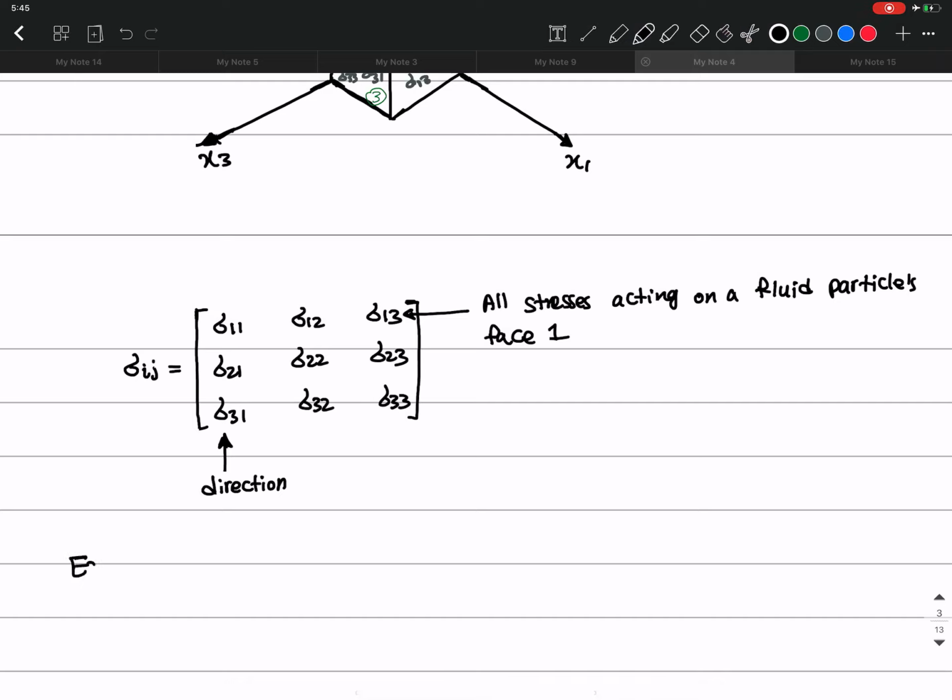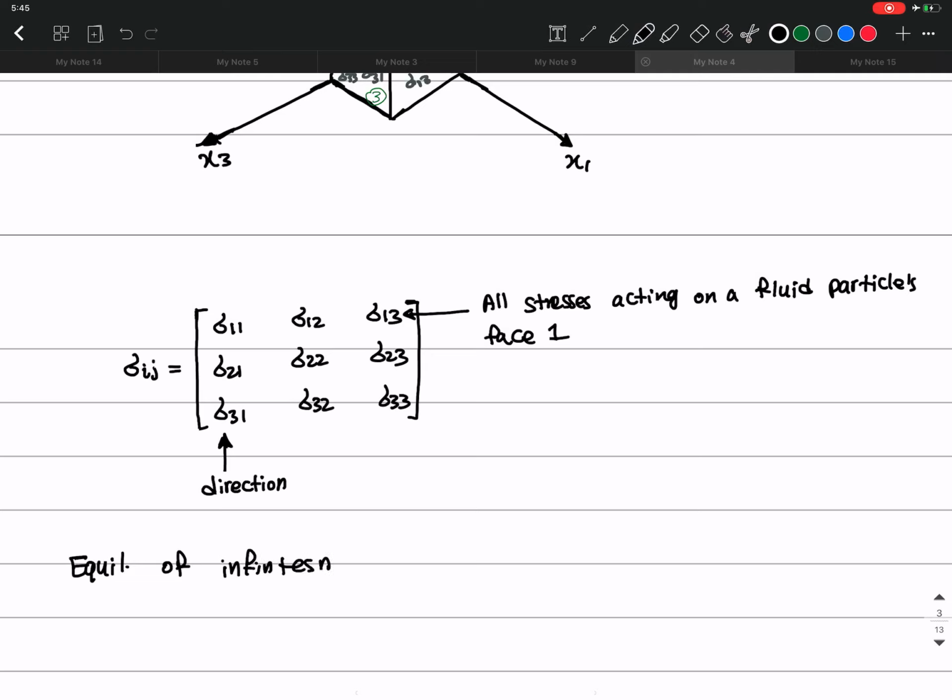So the equilibrium of an infinitesimally small volume states the following. If you have a very, very small volume of a fluid particle, then all these stresses have to be in equilibrium, right?